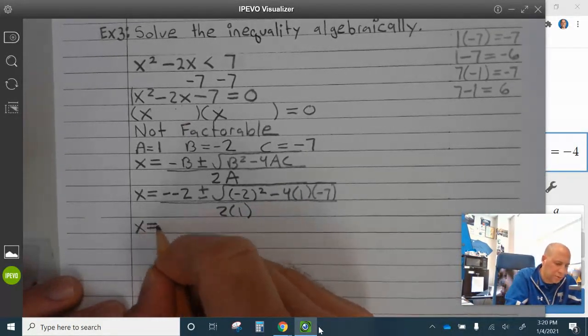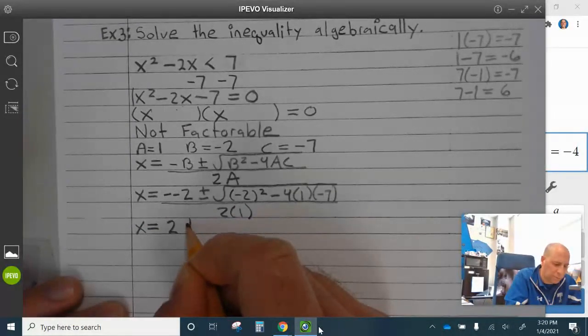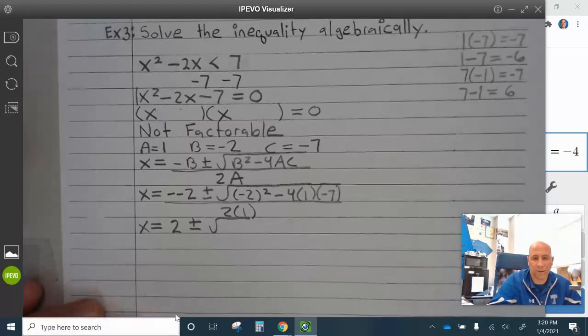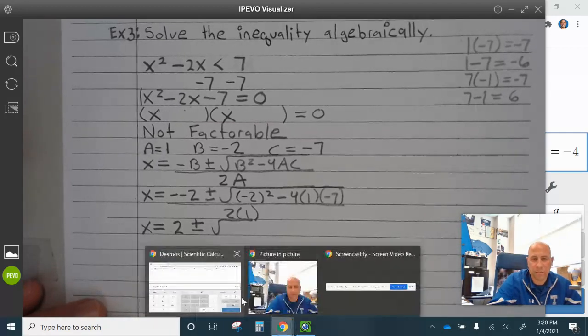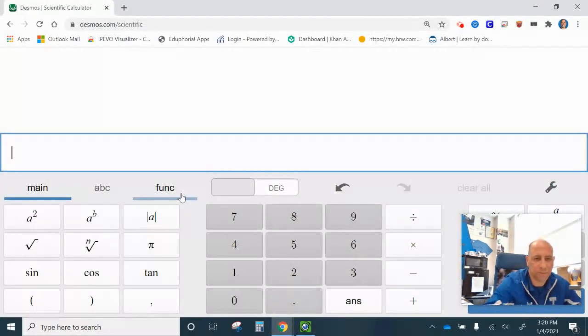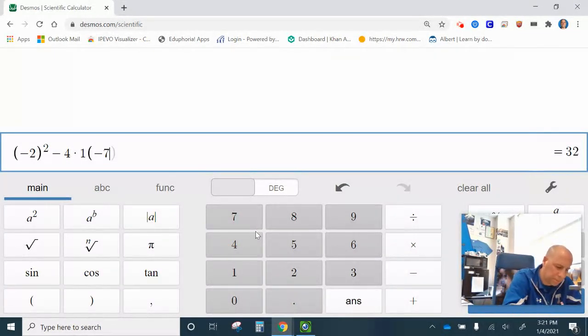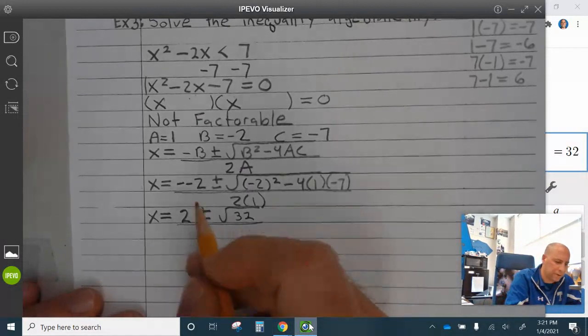Well, X equals, a negative times negative is a positive, so that's 2 plus or minus the square root, and let's go ahead and put that into Desmos, just the radicand. So we're just going to put in parentheses negative 2 squared minus 4 times 1 times negative 7 is 32. Divided by 2.